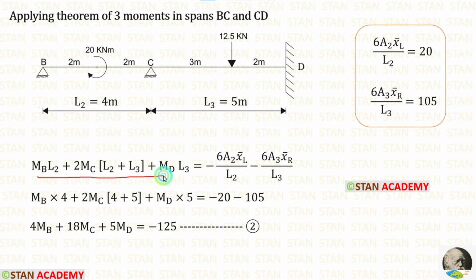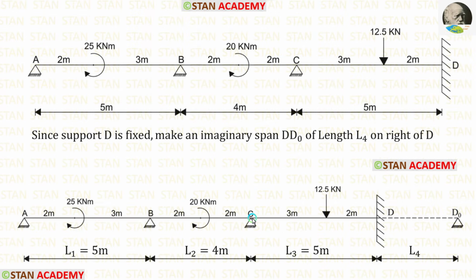In this equation, let us apply the values which we calculated just before. Also, let us apply L2 and L3. After the calculations, we are making the second equation. Now, let us take the spans CD and the imaginary span DD0 and make the third equation.